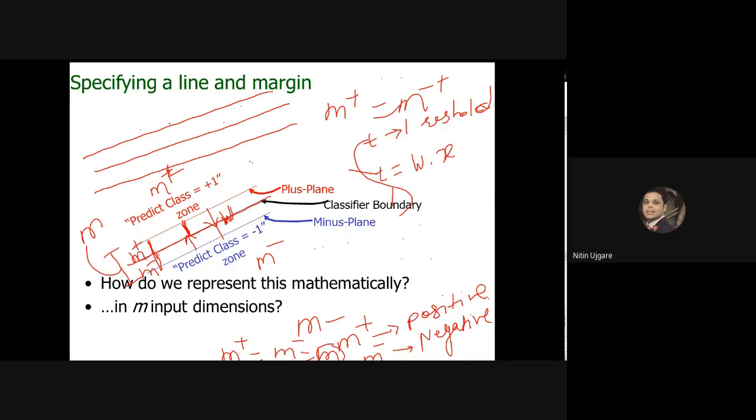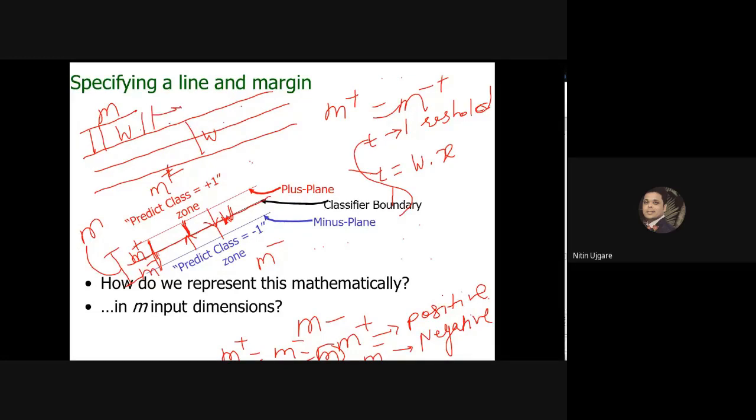So these distances m plus and m minus are measured in the direction of w. So mathematically, the margin of SVM is always given as m divided by the norm of weight vector w. Okay, which is the distance of support vector from the decision boundary measured in the direction of w.